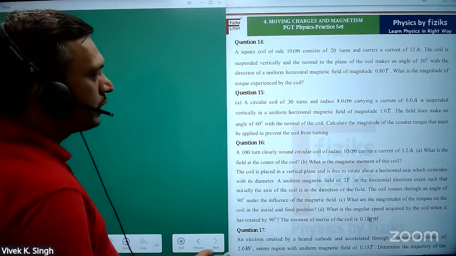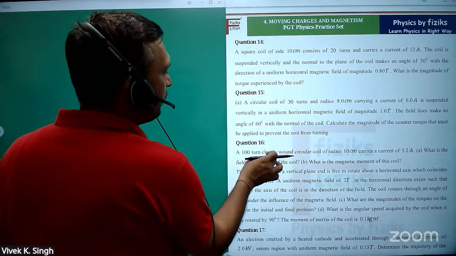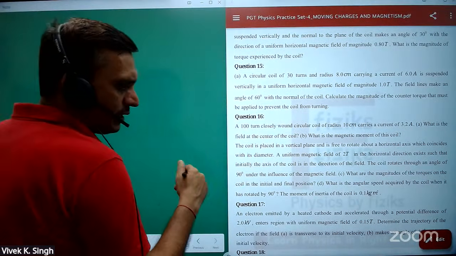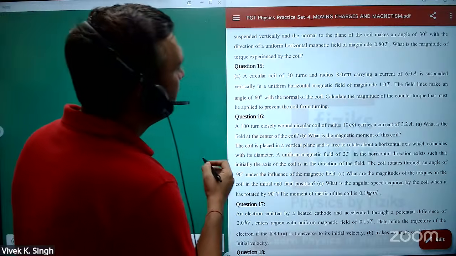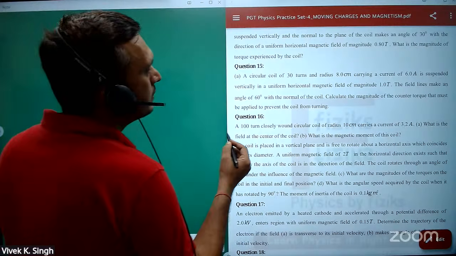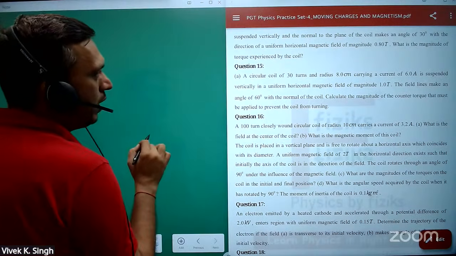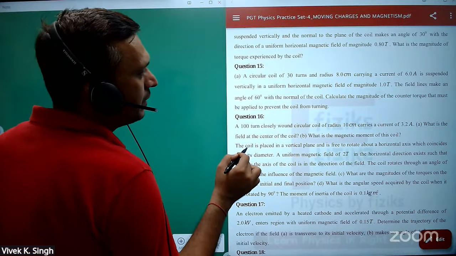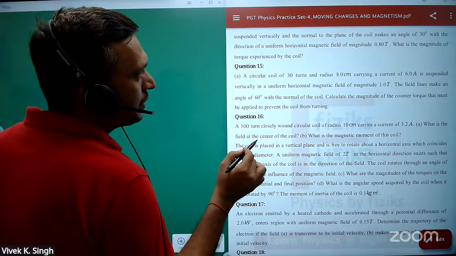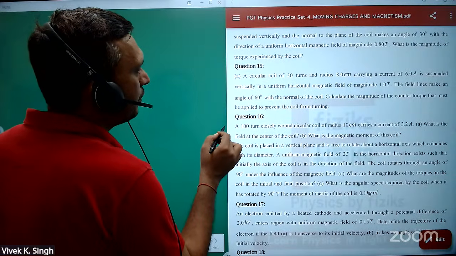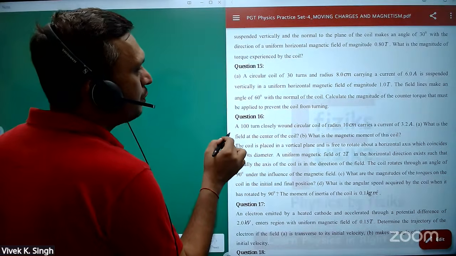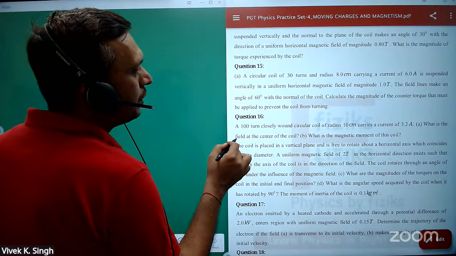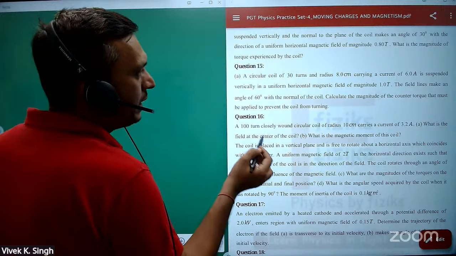So now question number 15. Now you have a circular coil, instead of square shape, it's a circular coil of 30 turns. Radius is 8 centimeter and carrying a current of 6 ampere, suspended vertically in a uniform horizontal magnetic field of 1 Tesla.